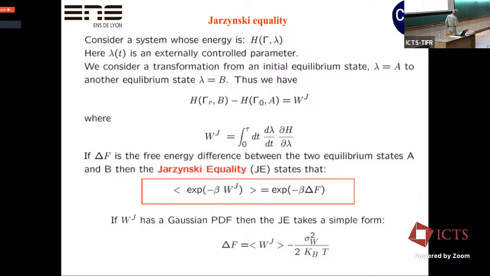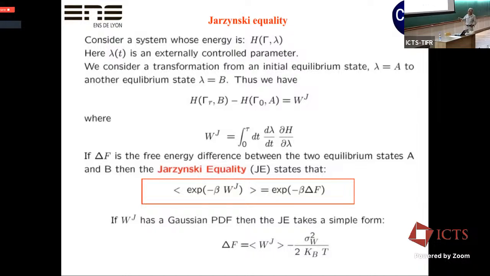But now with the Jarzynski equality, instead of doing only the mean of the work, you do the exponential of the work, which is a fluctuating quantity, as we said, because we have been talking about small systems for several days. The result of this average gives you the free energy difference between the two states.